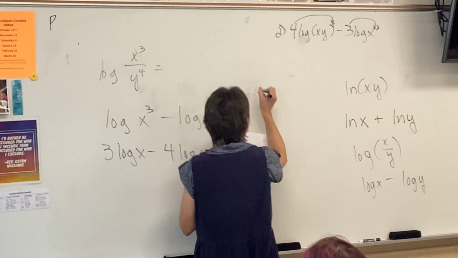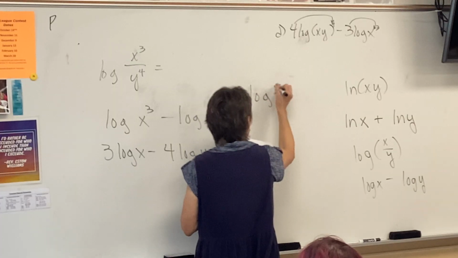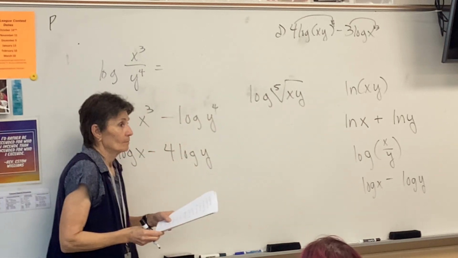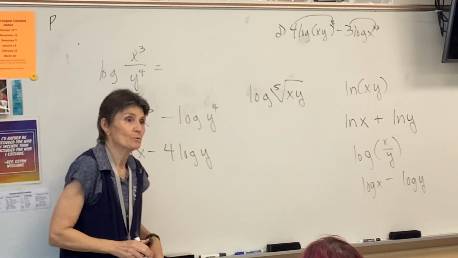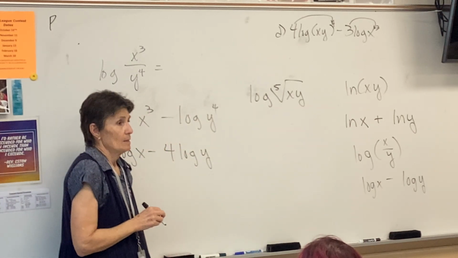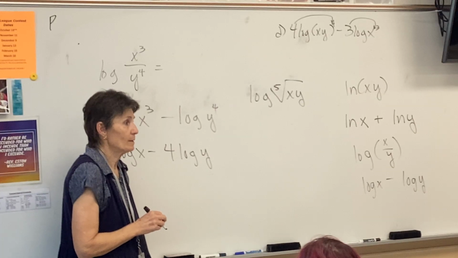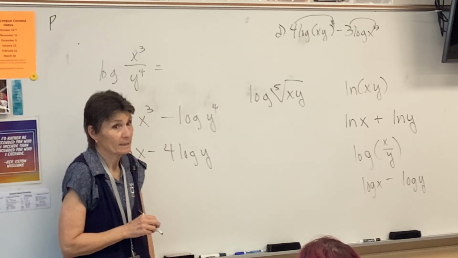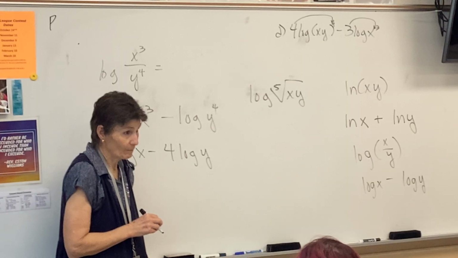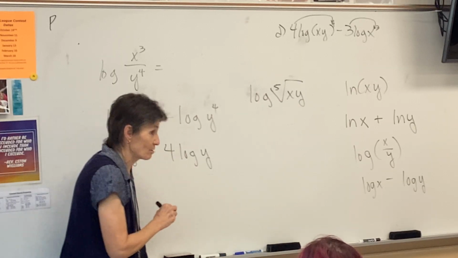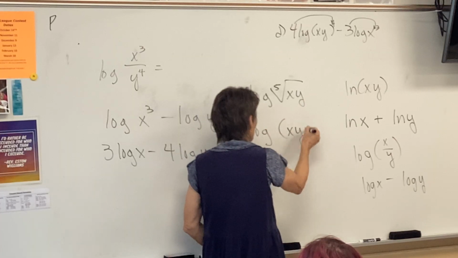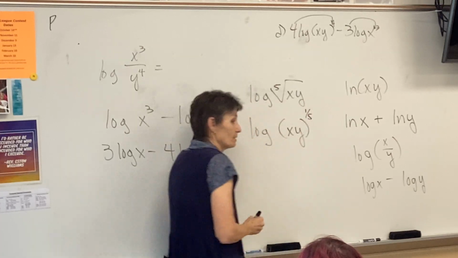Okay, D. Logarithms and radicals do not get along, so we need to change that radical into what? What is a radical? A fractional exponent. So we're gonna rewrite this as the log of xy to the 1/5.